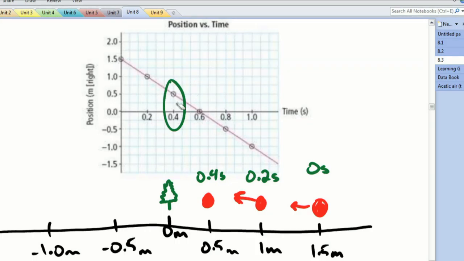This point right in the middle where my object's crossing the x-axis, what does that mean? Well, at 0.6 seconds, my object is 0 meters to the right. So this is 0.6 seconds. And you can kind of imagine at 0.8 seconds, my object is 0.5.